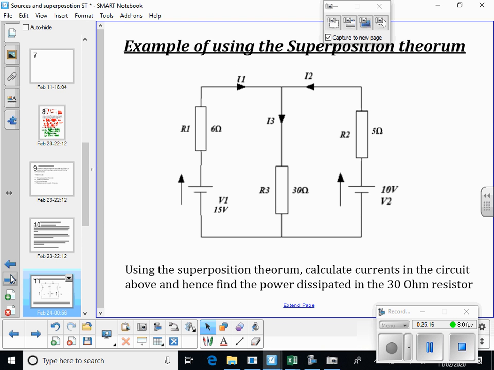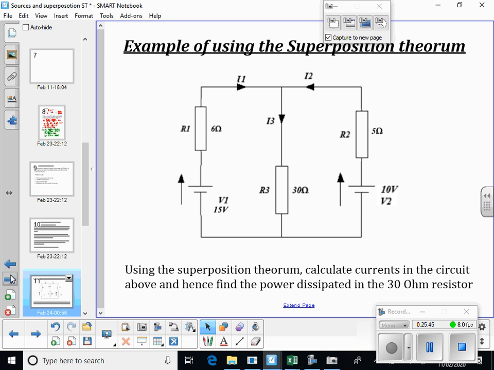So what we're going to do is use the superposition theorem to calculate the currents in the circuit and hence find the power dissipated. We've got two sources: V1 with its positive to the top, and V2 of 10 volts, positive terminal up.